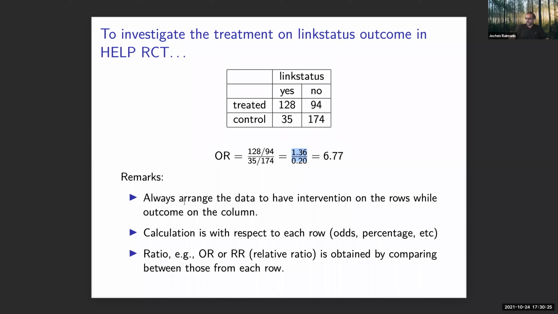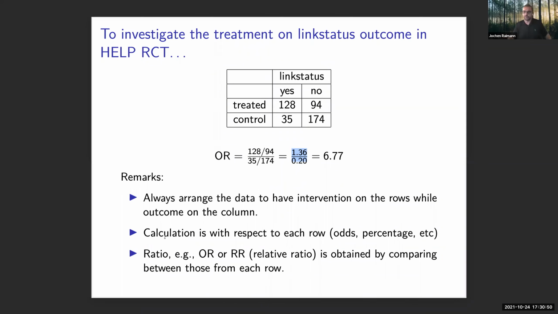So this being said, you always arrange the data-driven intervention on the rows while the outcome on the column. So this is the epidemiological way of depicting it. You will see different variations. Always make sure that you understand the 2x2 table before you start calculating and employing the formula. I'm just telling you that because in some respects, you may see different 2x2 tables.